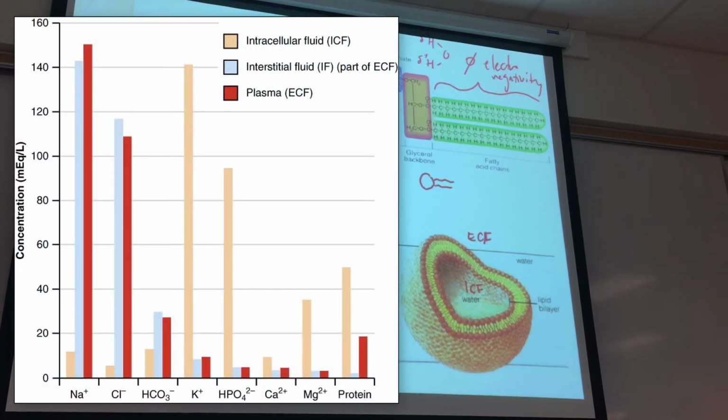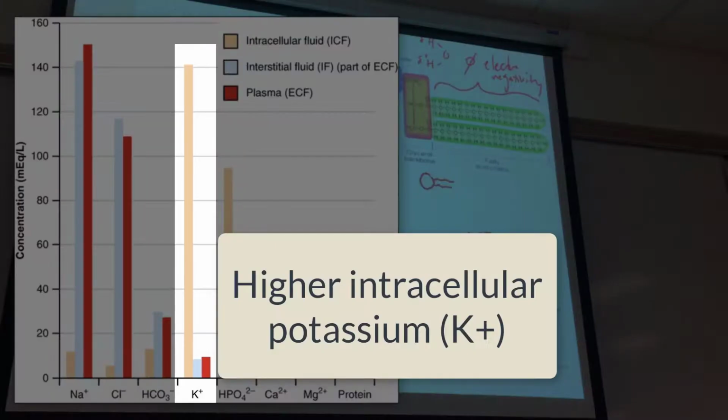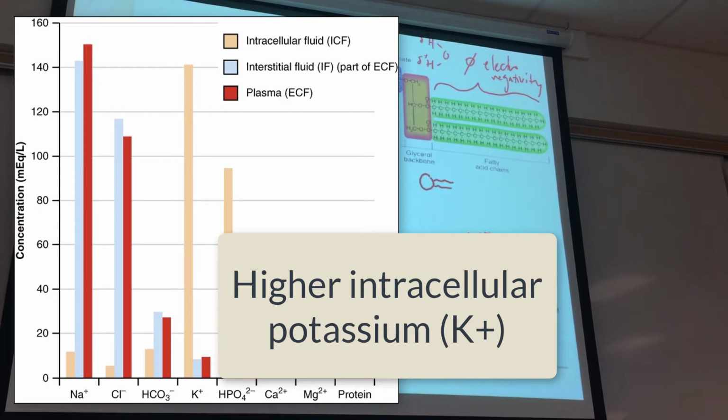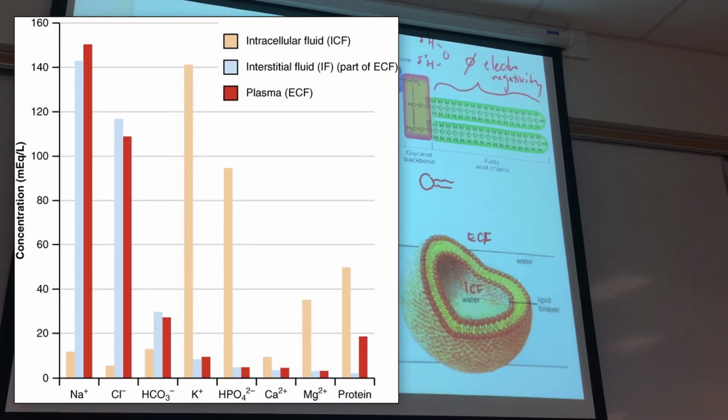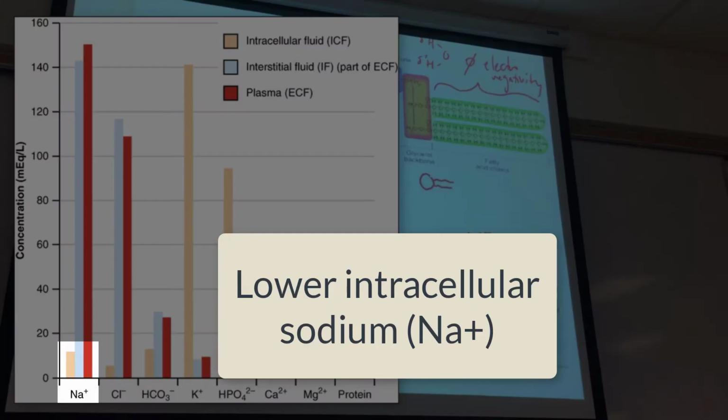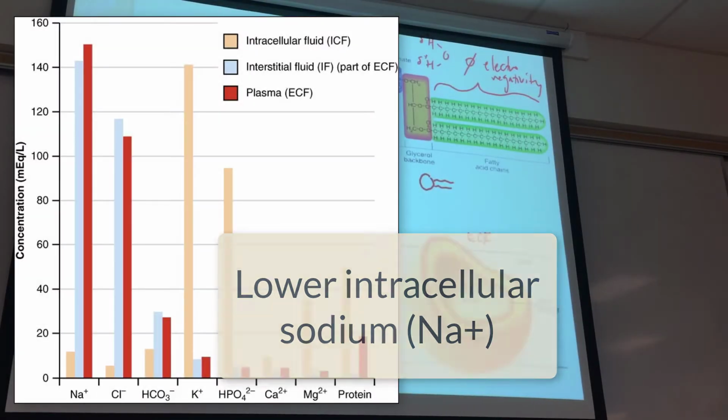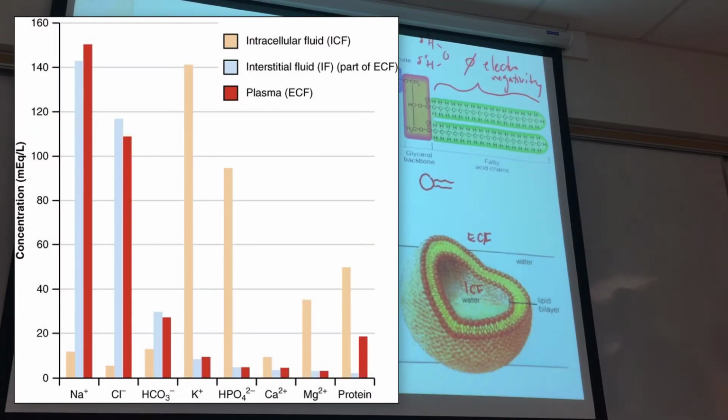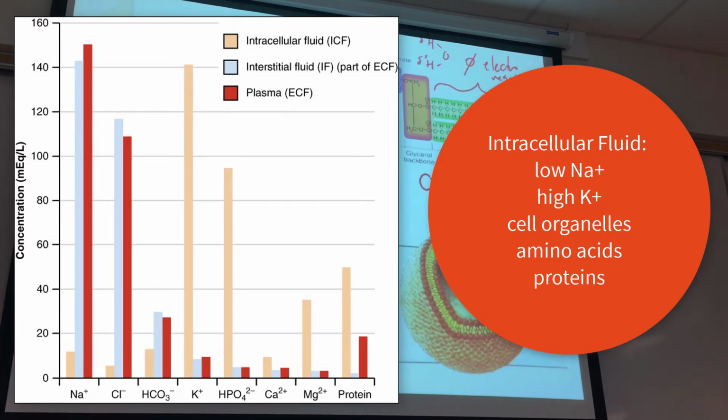Taking a look at the interior, the intracellular fluid, we'll see that the inside happens to be higher in the concentration of potassium. This is my notation for it: increased concentration of potassium. Low concentrations of sodium. We've got a lot of organelles, which we'll talk about.